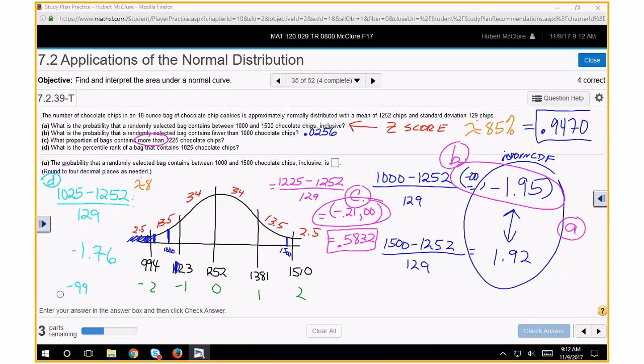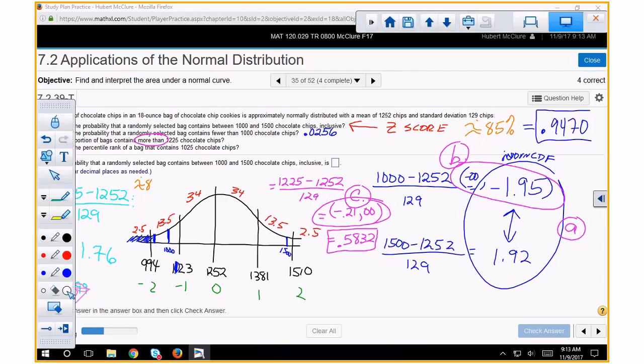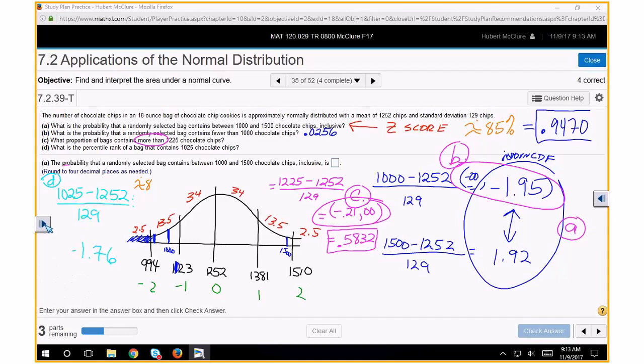You need to change that into an X. Sorry. Change that into z sigma plus mu.